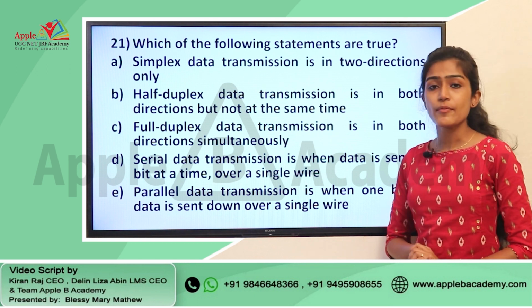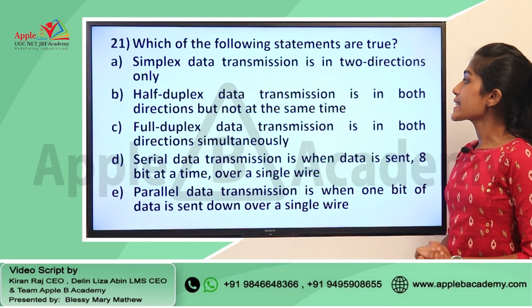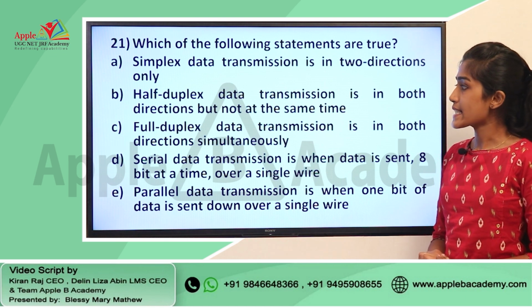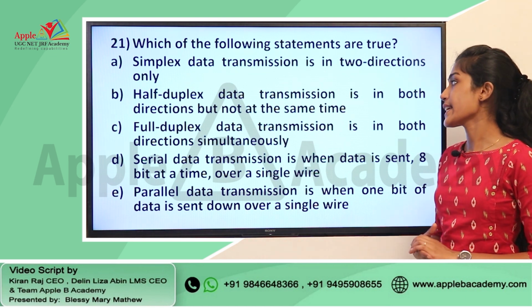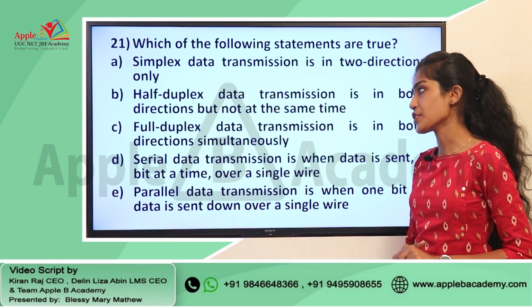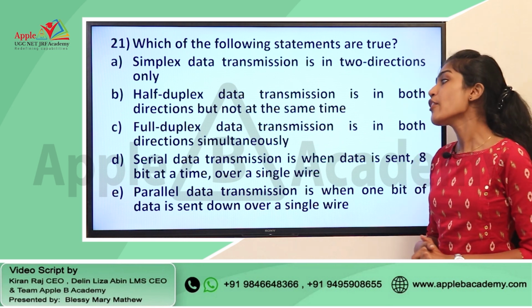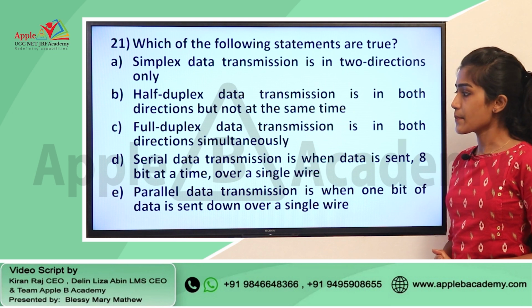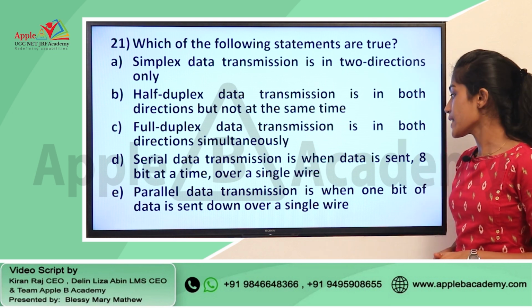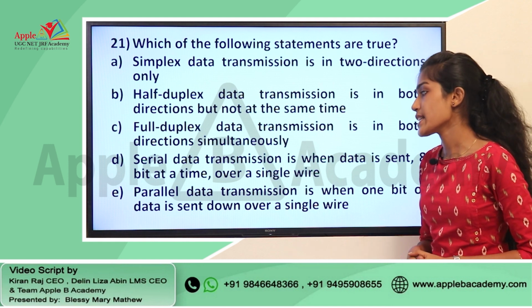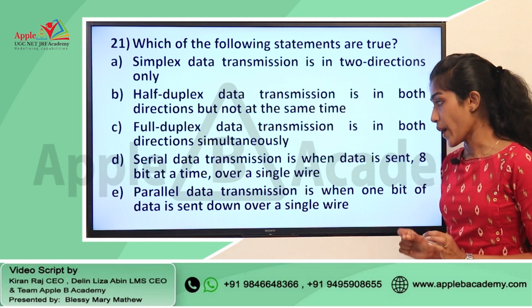Next question, again from ICT. Which of the following statements are true? Simplex data transmission is in 2 directions only. Half-duplex data transmission is in both directions but not at the same time. Full-duplex data transmission is in both directions simultaneously. Serial data transmission is when data is sent 8 bits at a time on a single wire.